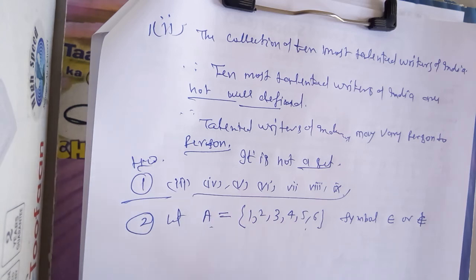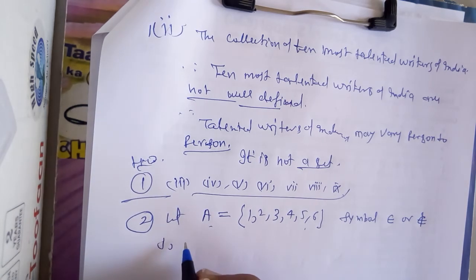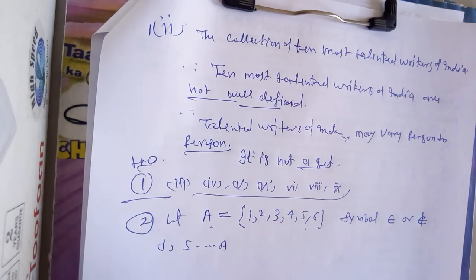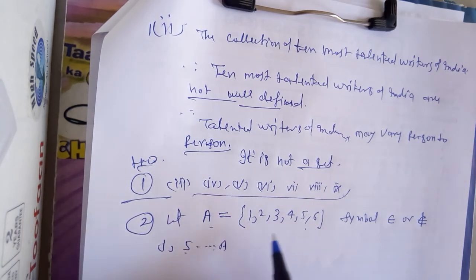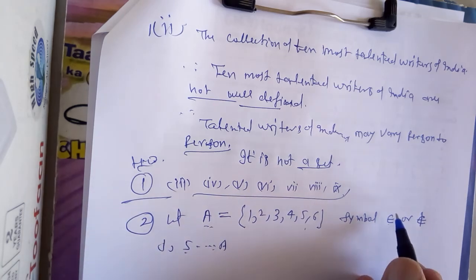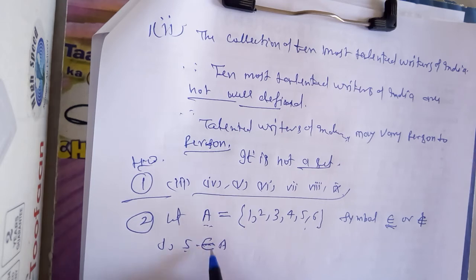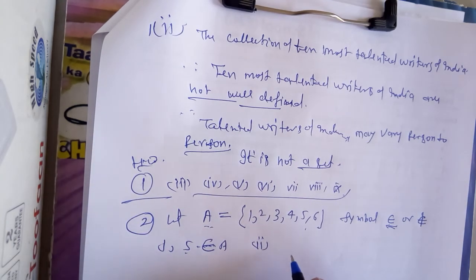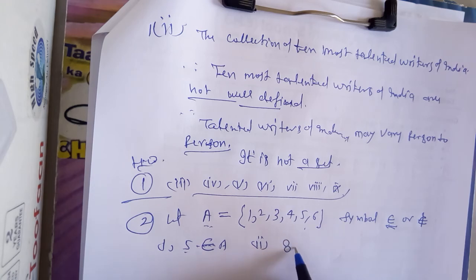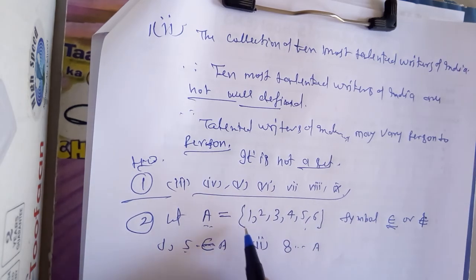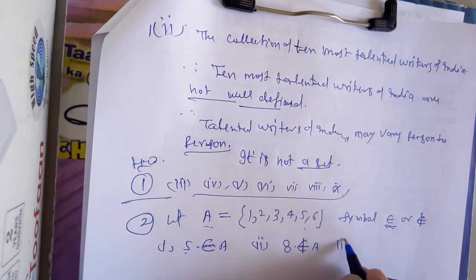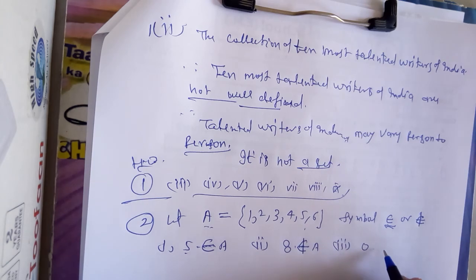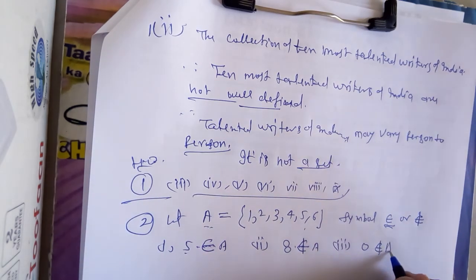First part: 5 dot dot dot A means 5 belongs to A, since 5 is given in set A. Second, 8 is not given, so 8 does not belong to A. Third, 0 does not belong to A, as 0 is not given in the set.